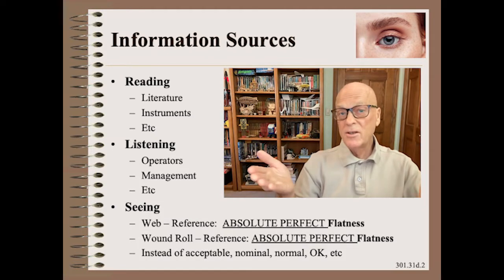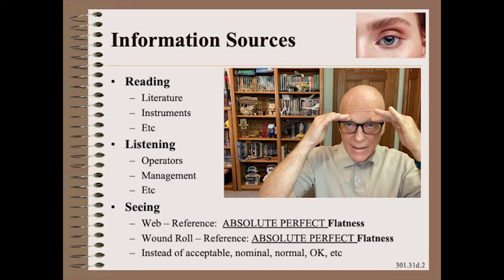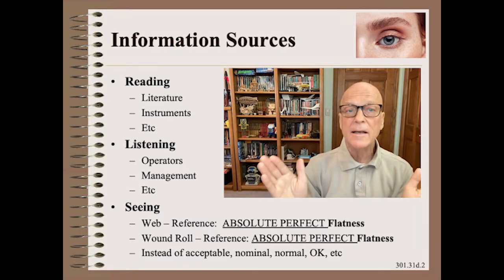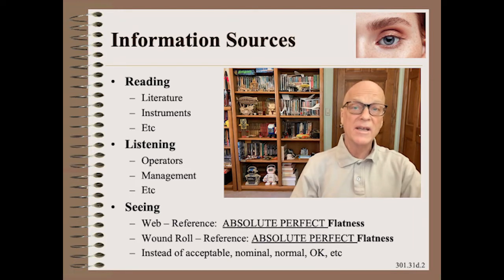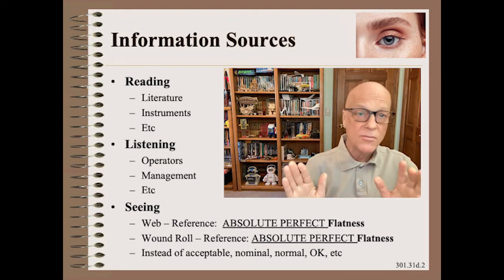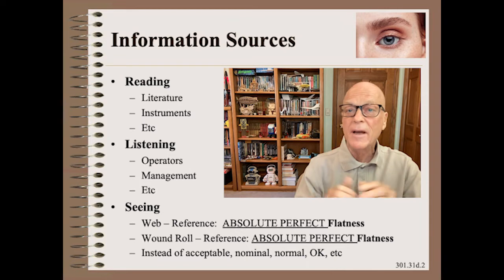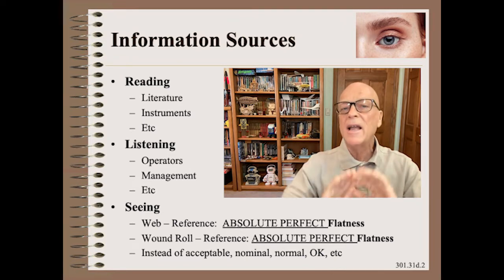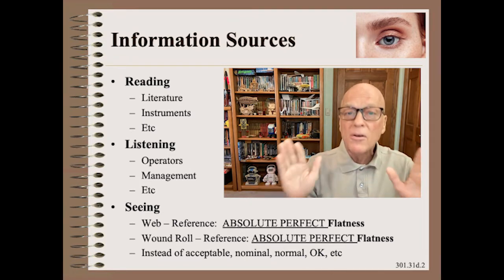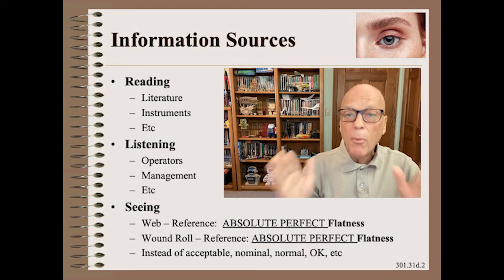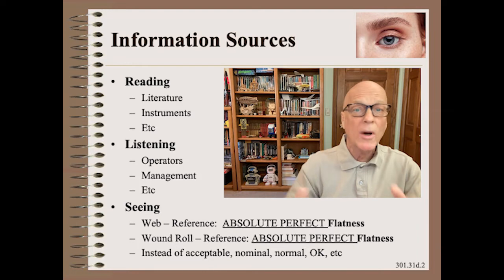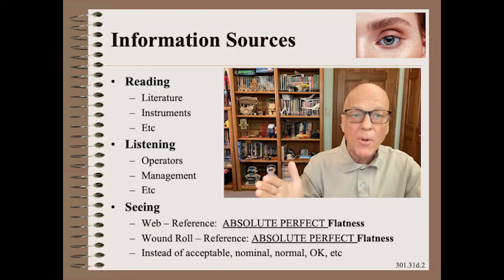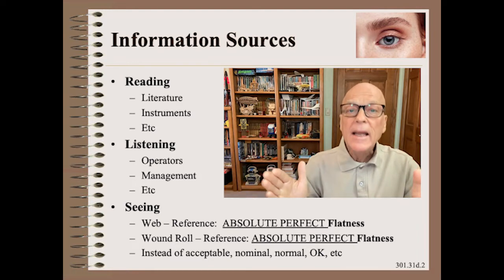However, this show is dedicated to seeing. Seeing is a skill that is easier if you know just a couple of tricks, but is a subject that none of us will truly master in a lifetime. The first and absolutely most important point is that your point of reference will not be what is acceptable, what is nominal, what is normal, or what is okay.